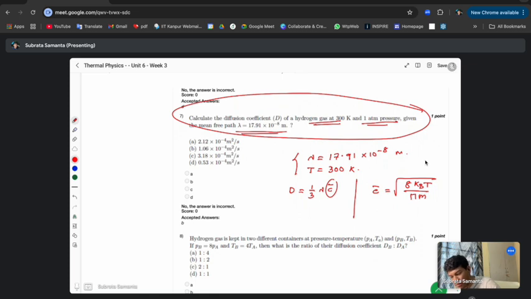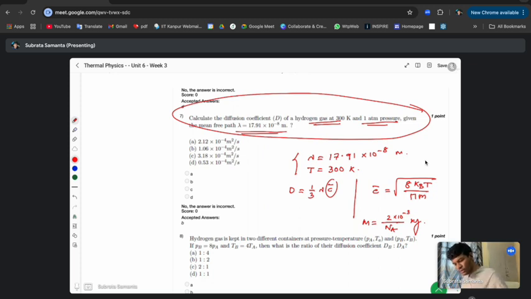So m is 2 over Na gram, and you have to convert it to kg: 2 times 10 to the power minus 3 kg over Na, where Na is the Avogadro number.